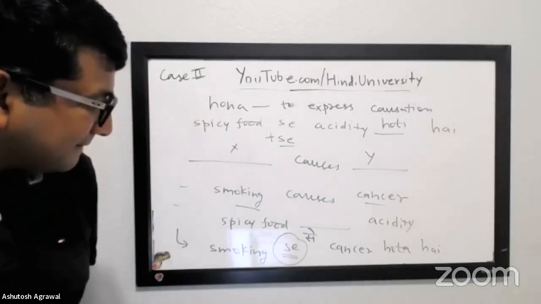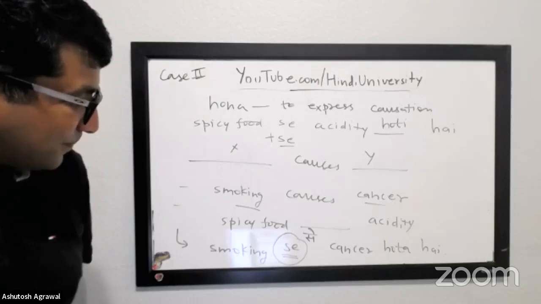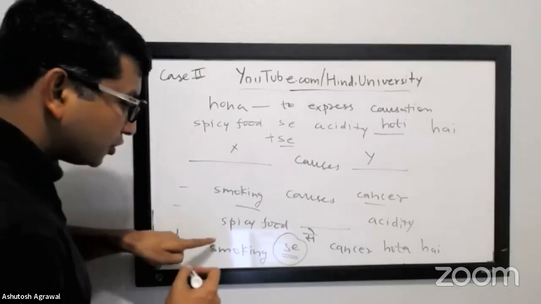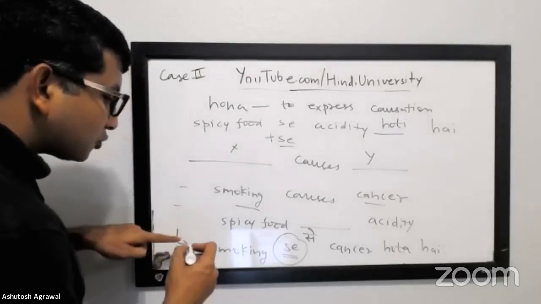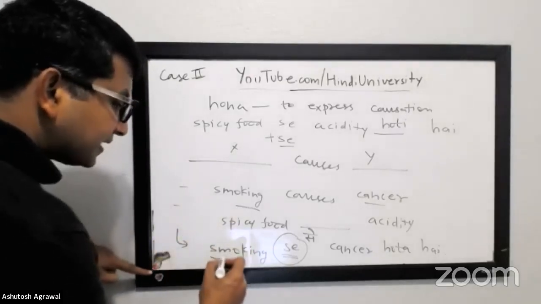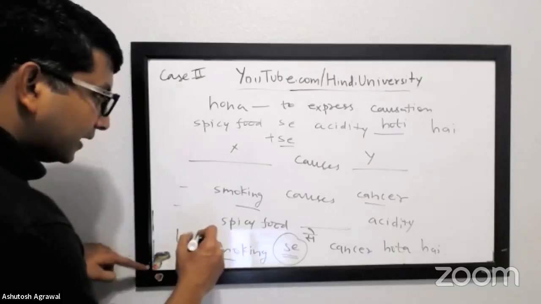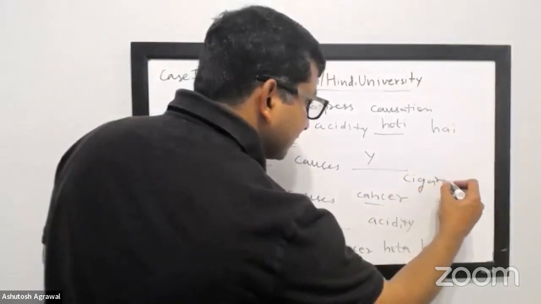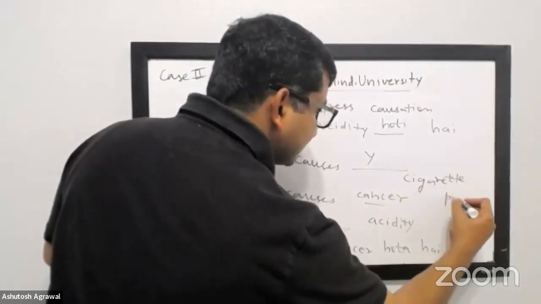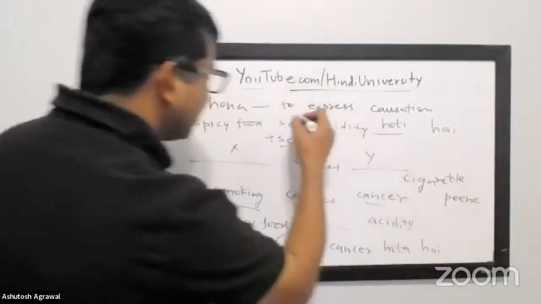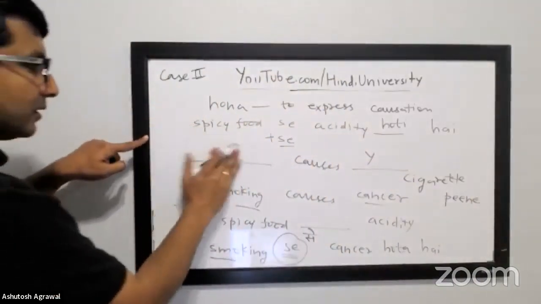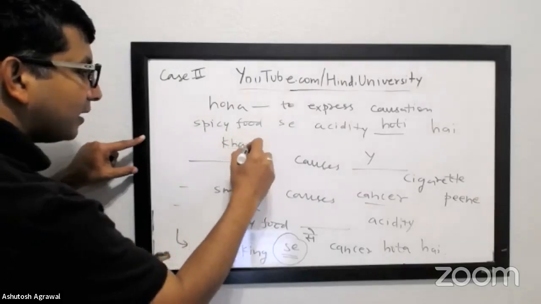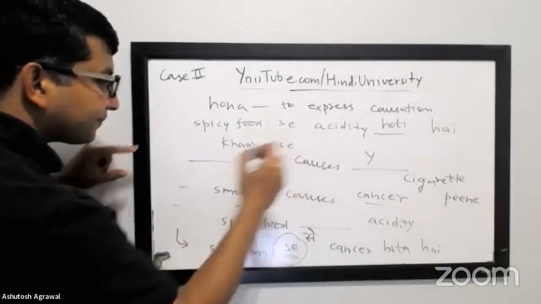Would smoking be pine or pina? Yes. Okay. So either you can say smoke करने से or cigarette पीने से. So it's how you are saying it. Similarly, if you want to use this one, you would say spicy food or मसालेदार खाना खाने से.